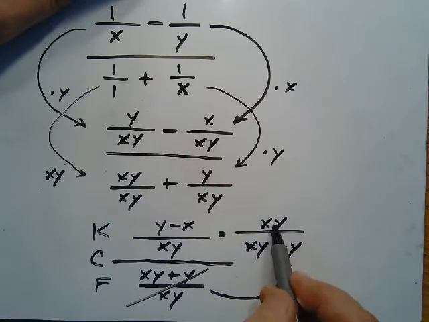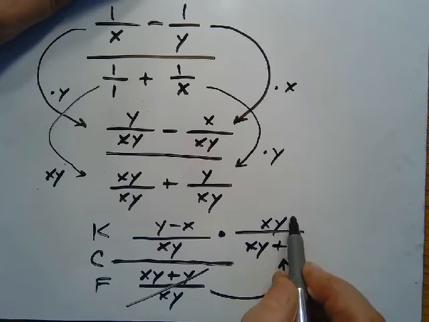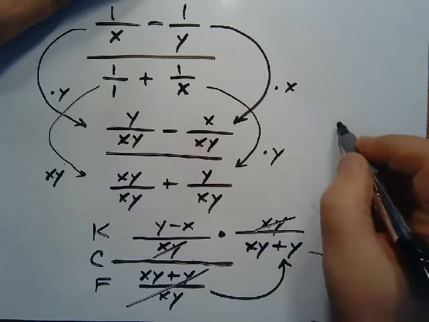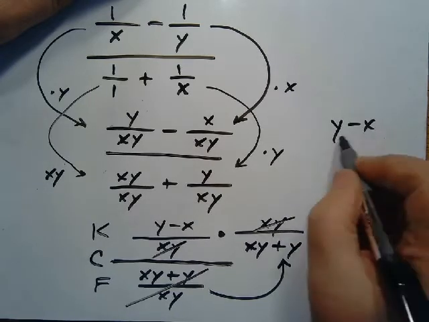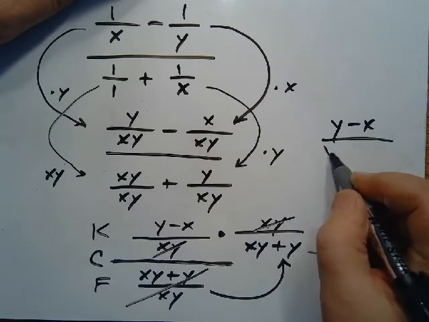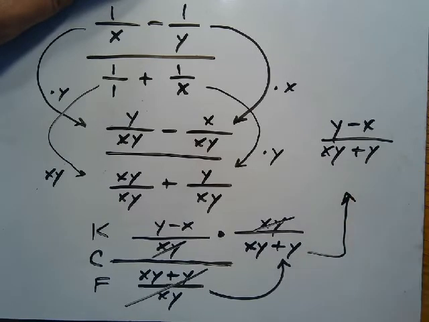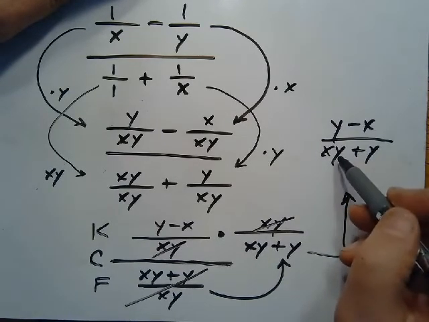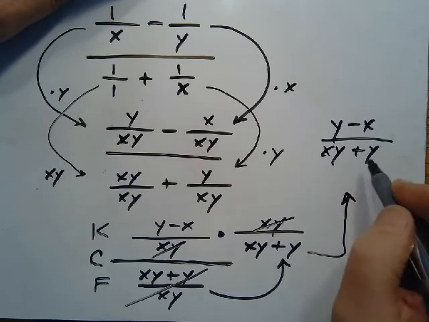And notice what happens here in the numerator, up here. These xy's are going to cancel, and I end up with y minus x on the top, and xy plus y on the bottom. Now I could probably pull out a y here, but it's not going to help me factor this anymore.